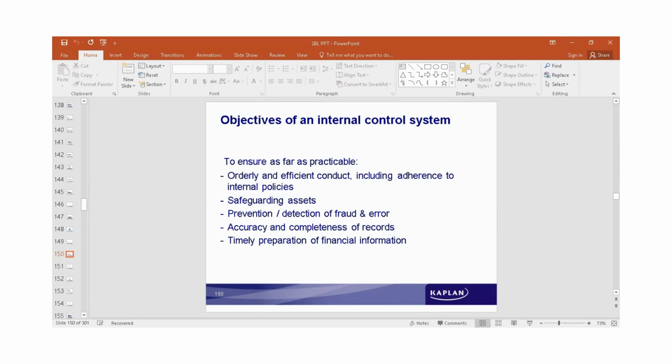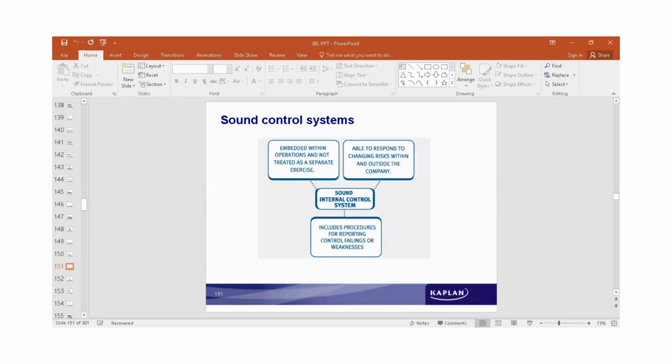Assets are safeguarded, prevention and detection of fraud and error, accuracy and completeness of records, and then timely preparation of financial information. We understood that the internal control system should not be a separate system, but it should be embedded with the regular activities of the organization.